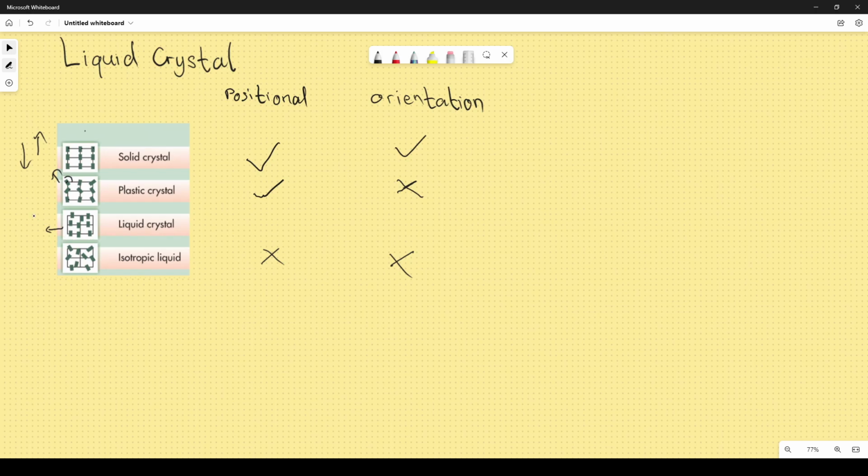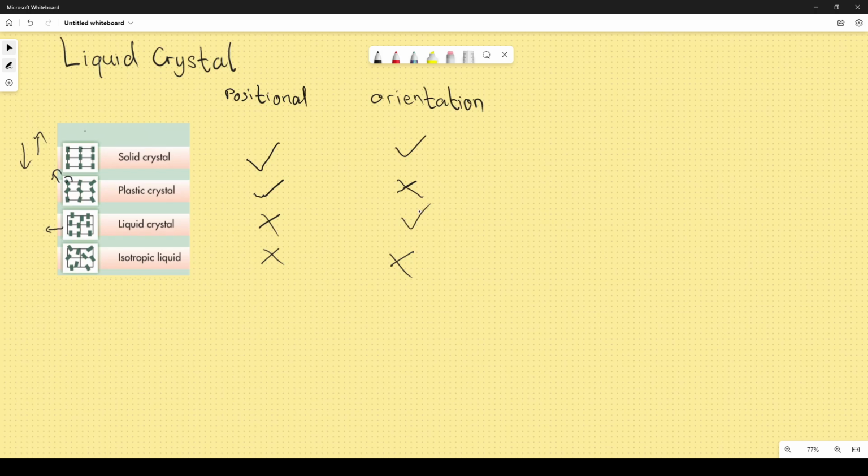Liquid crystals do have the orientation of all the atoms in the same direction, whether it's up or down. The atoms have the same direction facing, but they don't have the positional order. I mean, this picture doesn't really emphasize it, but liquid crystals don't really have a positional order.